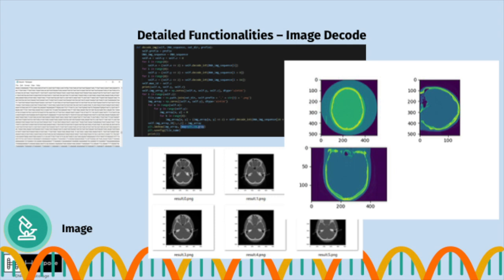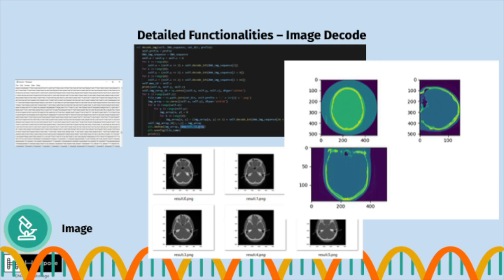You can think of it as converting quaternary numbers represented by A, T, C, and G to decimal numbers. The image can be reconstructed based on the image array that contains the grayscale of each pixel.